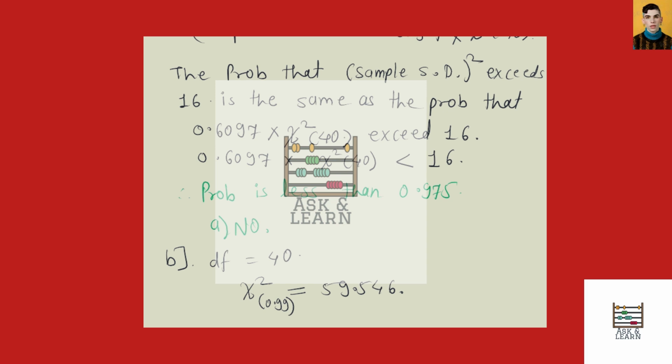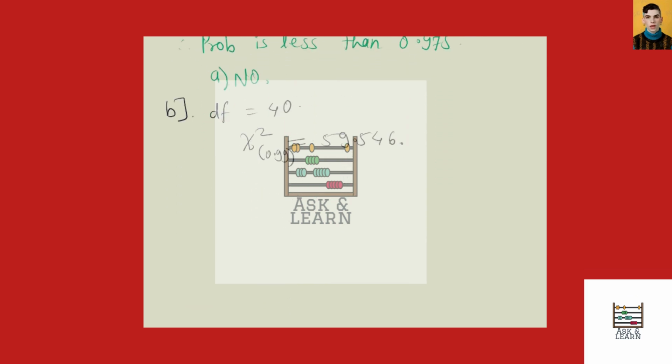So the sample standard deviation square follows 0.6097 multiplied by chi-square of 40.